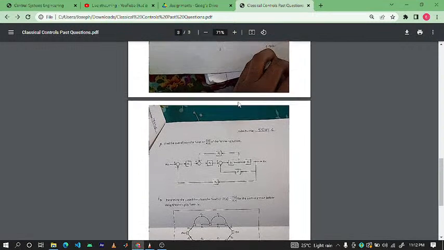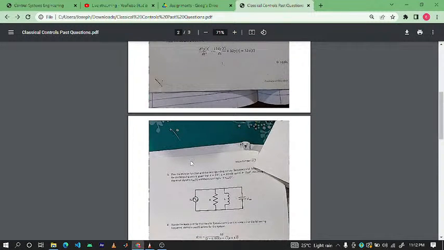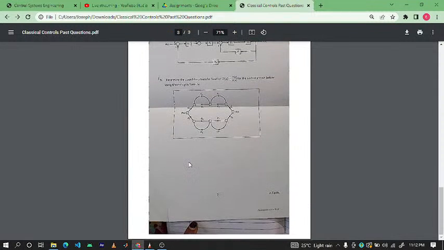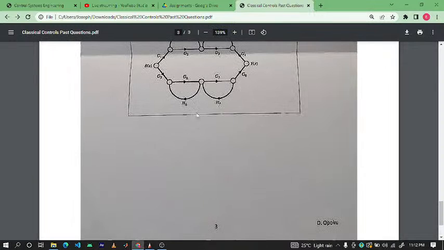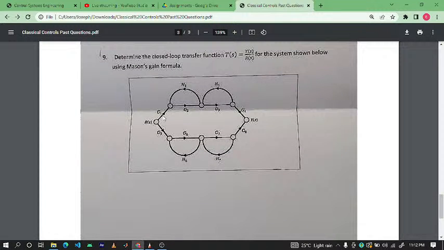No questions so far, so we'll call it. So the Mason's rule, a quick recap. First thing, find your forward path. A forward path is just moving from beginning to the end, following a single arrow.